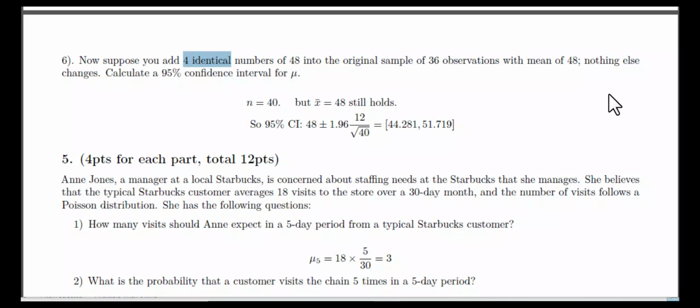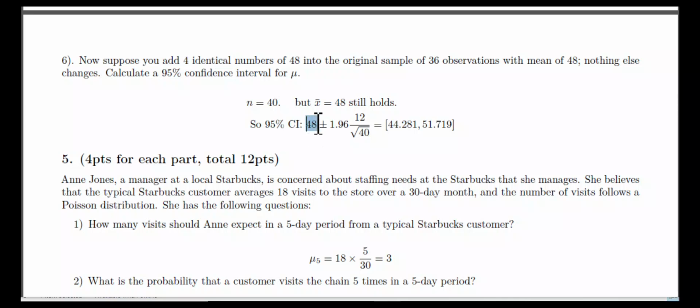How about the sample mean? Actually, it does not change, because you added 4 identical numbers of 48 to the original sample, whose mean is 48. The new sample still has a sample mean of 48.